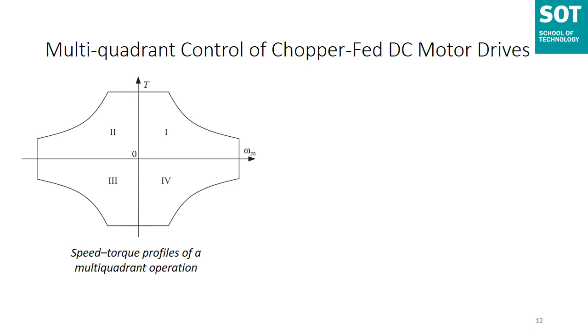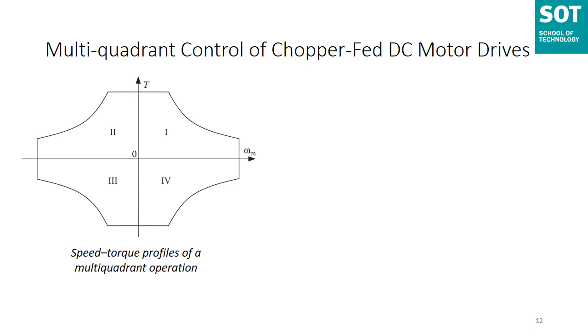For vehicles with reverse mechanical gears, two-quadrant operation, which are nothing but forward motoring and forward braking, is required. Forward motoring is quadrant 1 operation where you have torque positive, speed positive.